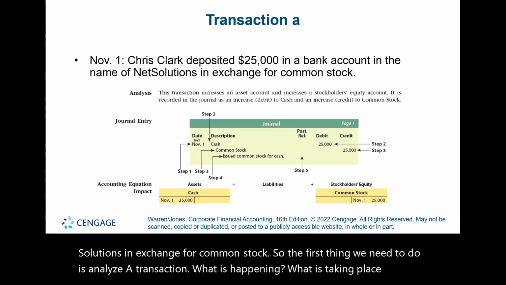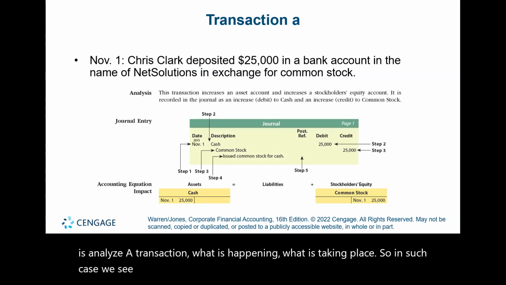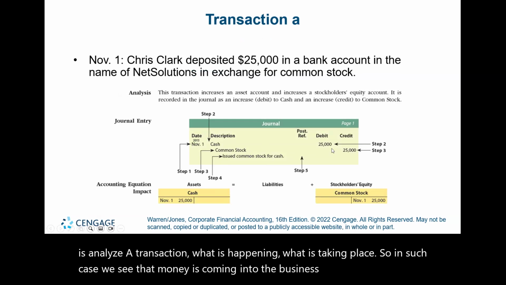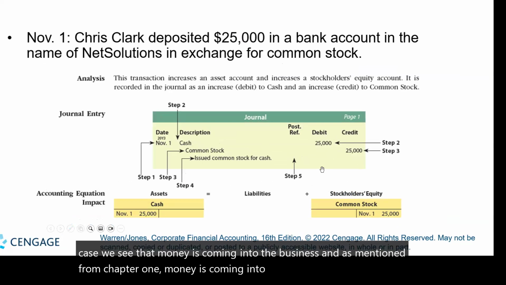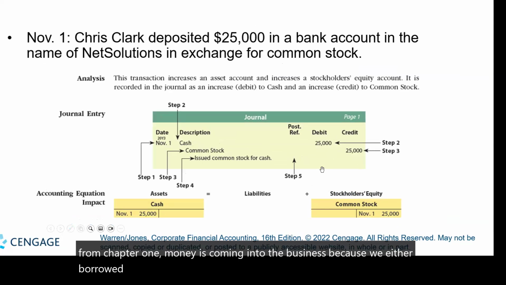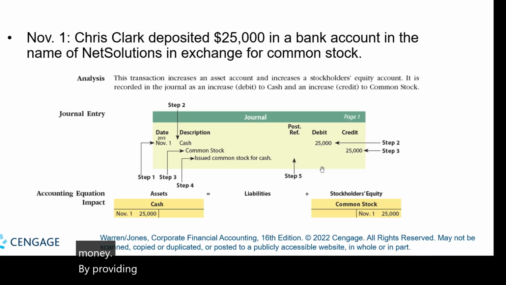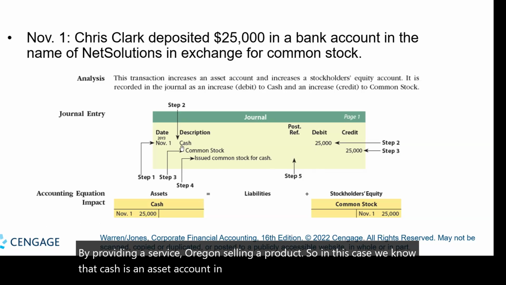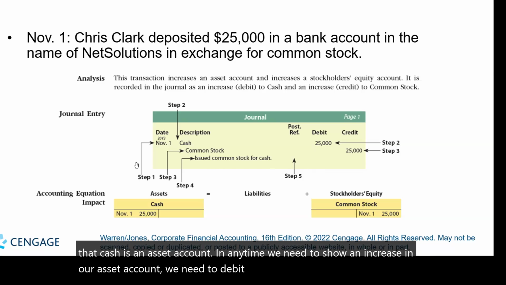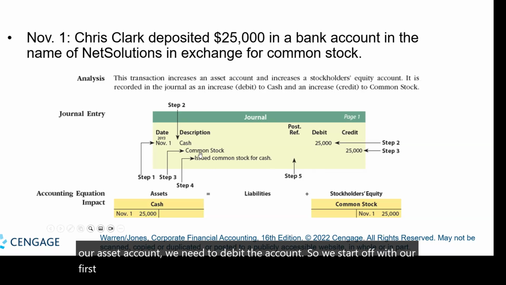In such a case, we see that money is coming into the business, and as mentioned in chapter 1, money is coming into the business because we either borrowed money, the owners invested money, or the business earned money by providing a service or selling a product. In this case, we know that cash is an asset account, and anytime we need to show an increase in our asset account, we need to debit the account. So we start off with our first step, the date, which is November 1st.